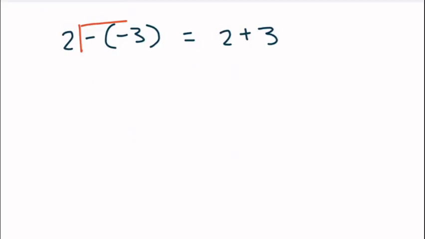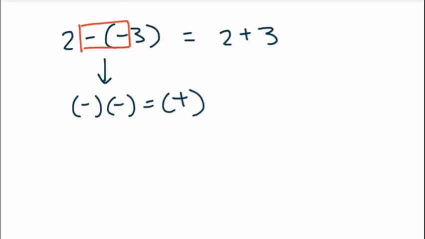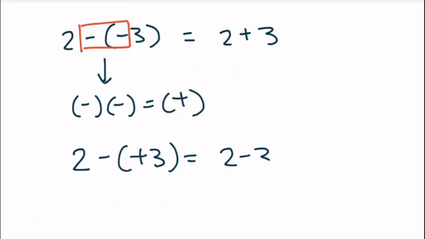And the multiplication rule states that a negative times negative equals a positive. And so that also explains why 2 minus positive 3 was equal to 2 minus 3, because a negative times a positive, we said, is equal to negative.